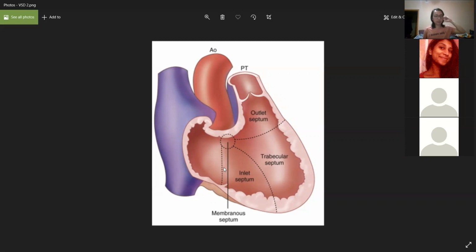Based on your echocardiogram, there are two parameters that you have to measure: your pulmonary vascular resistance, PVR, and your systemic vascular resistance, and the ratio between the two of them.